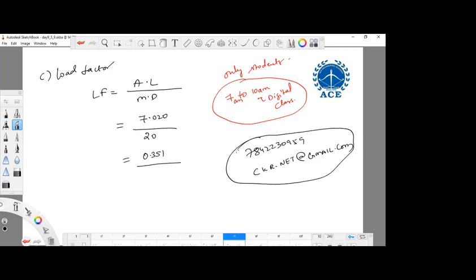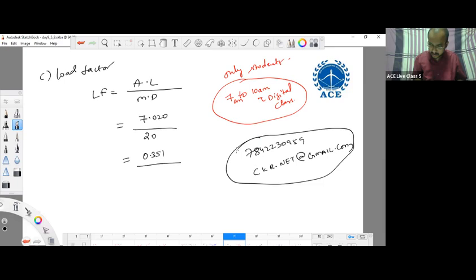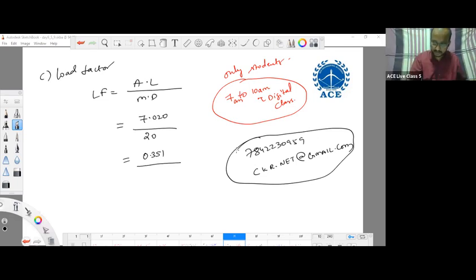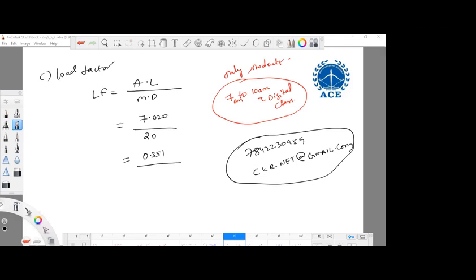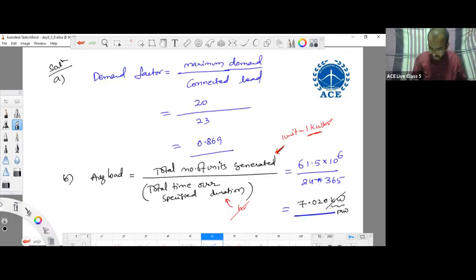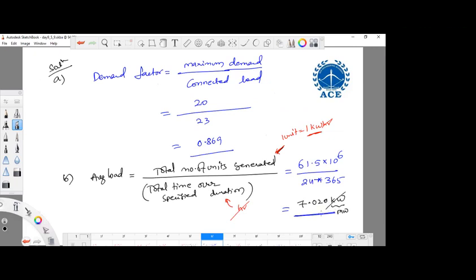Sir, the same doubt in this question, the 6th step. You told that it is in terms of megawatt, no sir? I think you will get this one in terms of megawatt here. If we take it in megawatt, we are not getting the answer, sir.